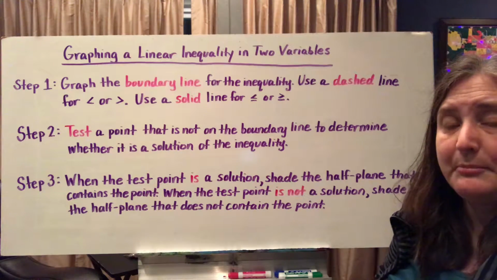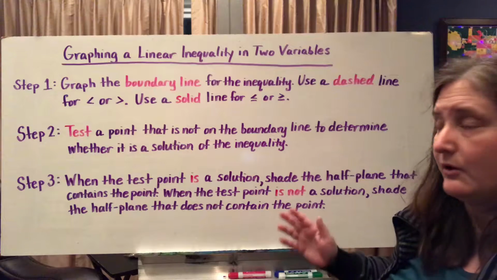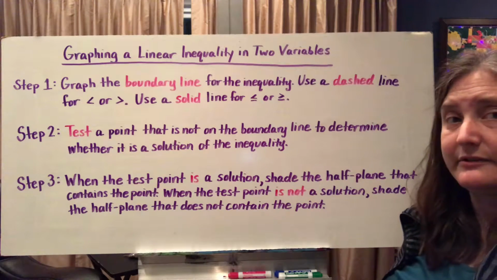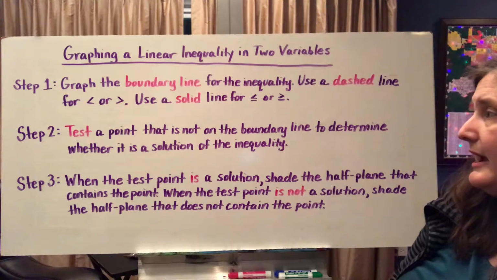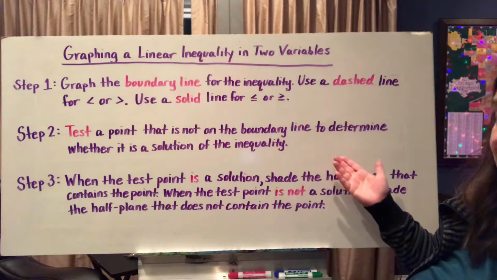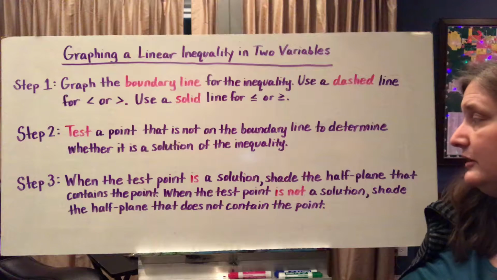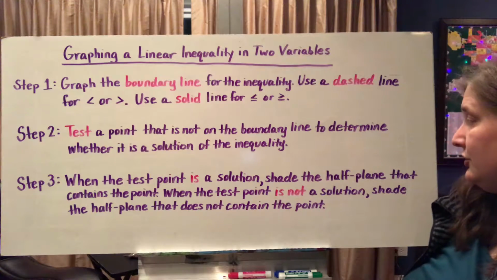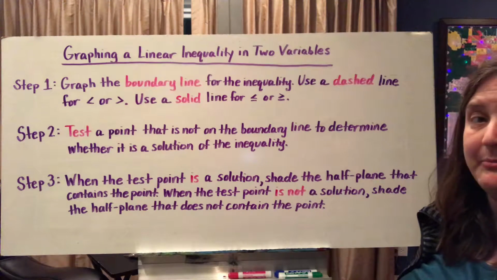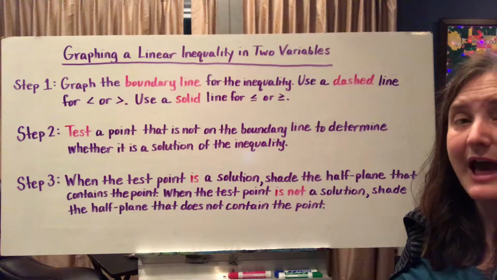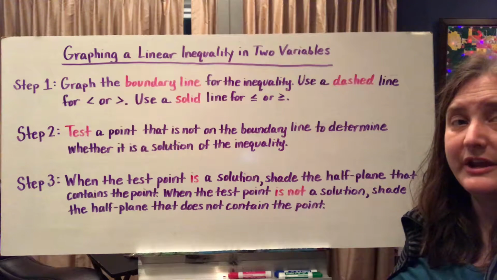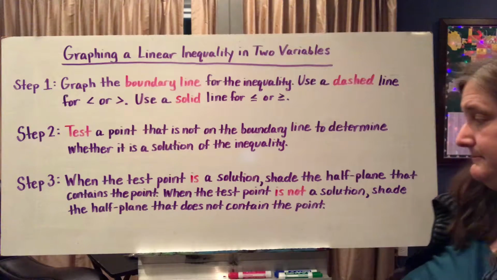Then we're going to choose a point, something below or above the line to test. That's going to be our test point. If the test point is a solution for that inequality, we're going to shade the half plane that contains that point. If our test point is not a solution, we're going to shade the opposite half plane.